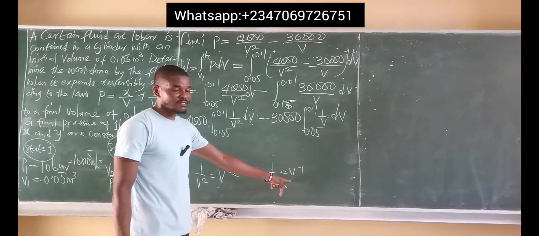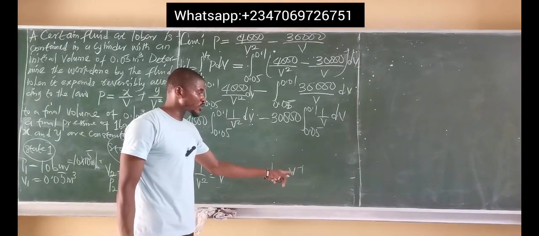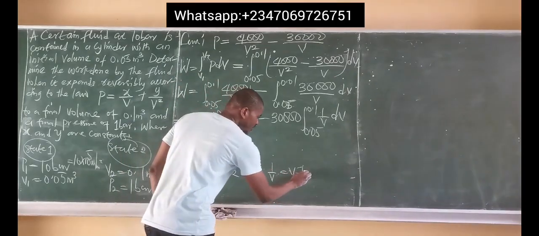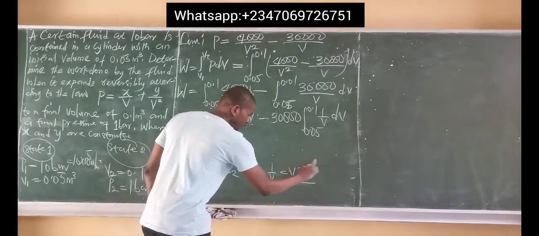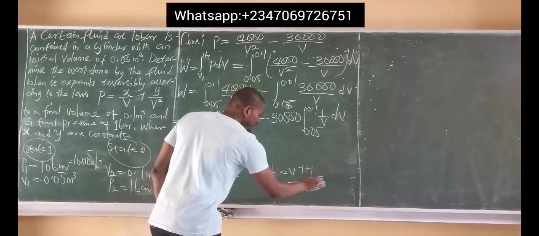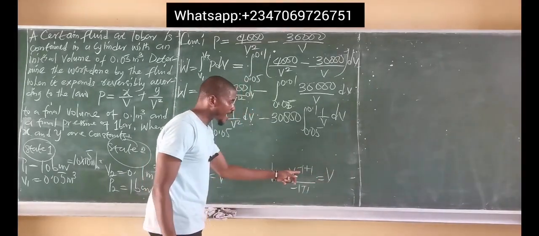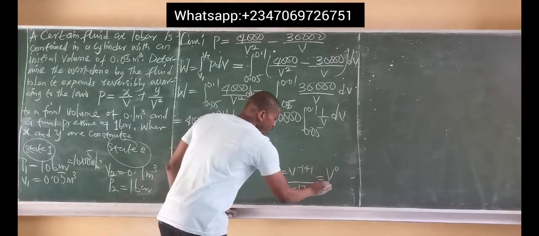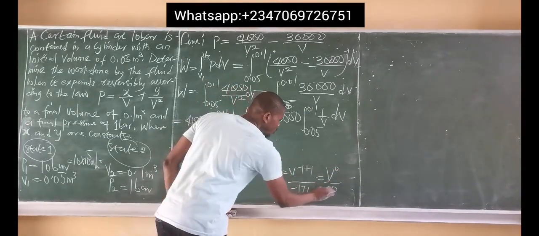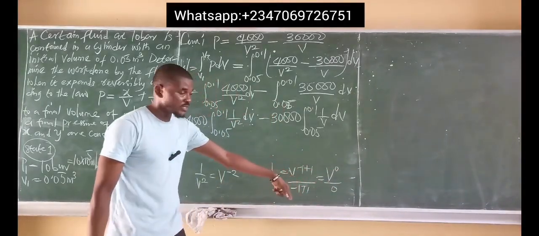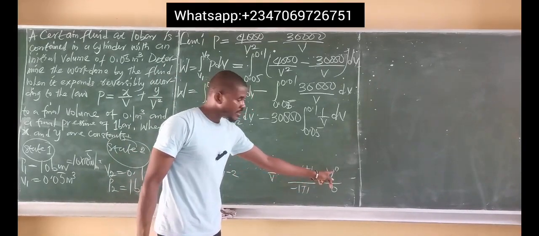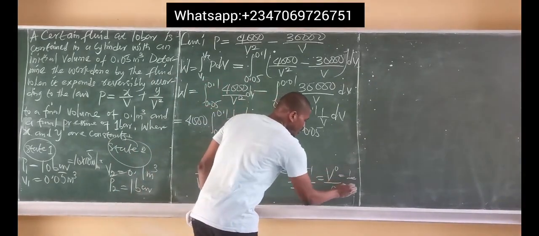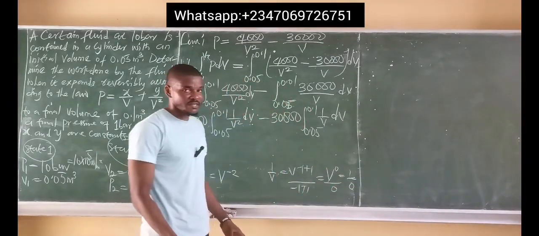If you do this, you're already getting it wrong, because if you integrate v to the power of minus 1, from the rule of integration, add 1 to the power, divide by this new power, now it becomes minus 1 plus 1, which is 0, all over minus 1 plus 1, which is also 0, and you have 1 divided by 0. So this will simply give you 1 all over 0, and 1 over 0 is infinity.